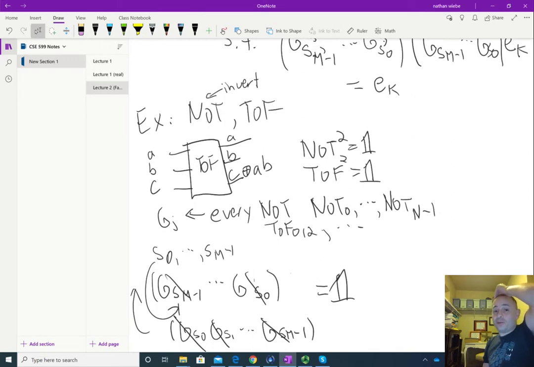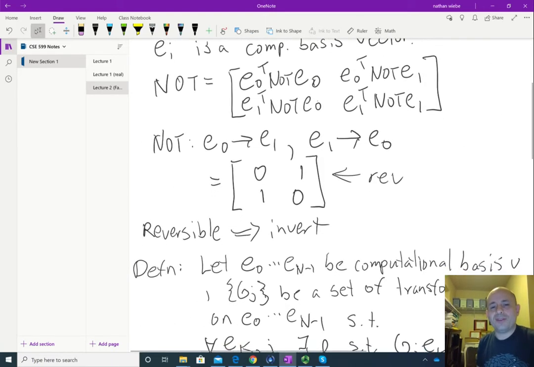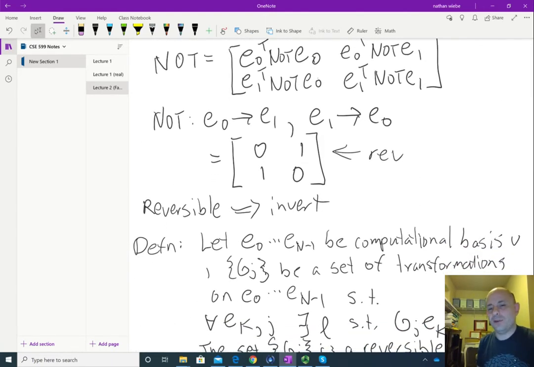And last time I showed you some other examples, like, for example, the controlled NOT gate and others that also squared to identity. And every single one of them that I showed has the following property: there's always one non-zero matrix element in every row and column of the matrices when they're expressed in the computational basis, where again, the computational basis is the basis spanned by E0, E1, all the way down to the last vector.